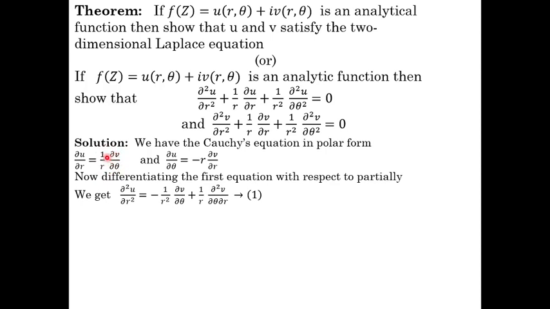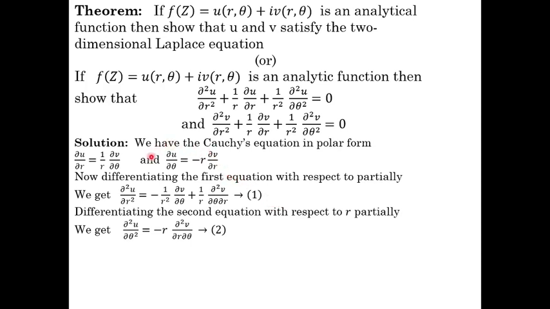Here 1/r is a function of r and v is also a function of r, hence we apply the product rule. The second function ∂v/∂θ into the differentiation of 1/r, which is minus 1/r², plus 1/r into the differentiation of ∂v/∂θ with respect to r, which is ∂²v/∂θ∂r. Call it equation number 1.